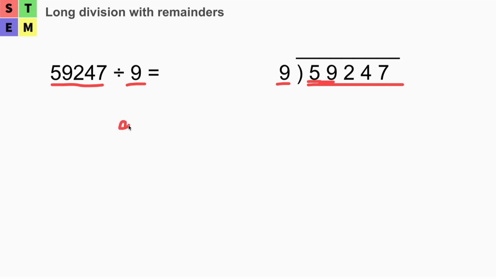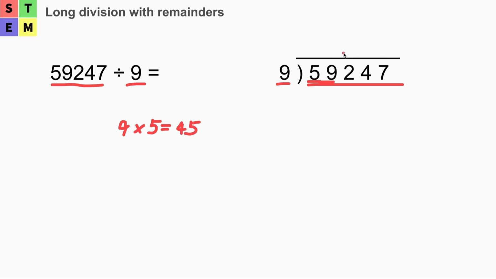So let's guess first. 9 times 5 equals 45. But if we do 59 minus 45, it equals 14. So we need an additional 9 there. For 14, obviously only one 9 can go in there.